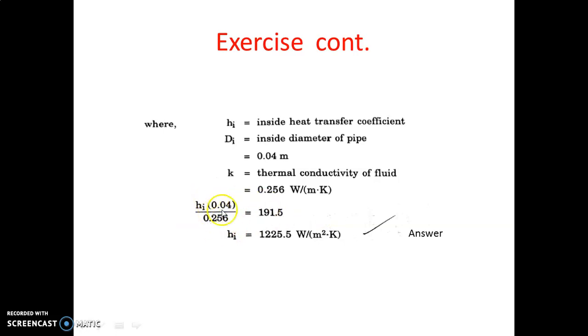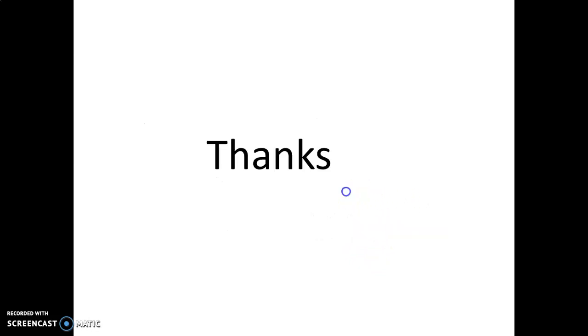Then rearrange this equation and calculate Hi, that is known as the inside heat transfer coefficient, which is equal to 1225.5 watts per meter square Kelvin. Note that this is the unit of the heat transfer coefficient. So in this way we have calculated the inside heat transfer coefficient of the given fluid. Thank you.